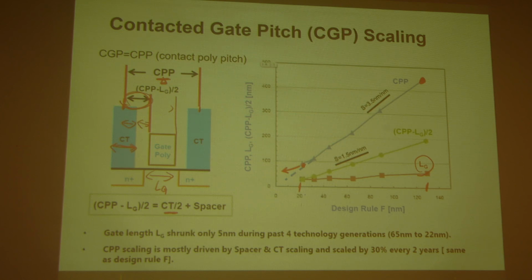That is the insulator between the gate and the drain contact or source contact. You need to fill in here with dielectric to separate the gate from the source or the drain. This is your CGS and CGD. That one is shrinking. That's the spacer. So overall, the density is still improving over the generations, and the SRAM cell area actually strictly follows Moore's law, like 0.5x per generation in terms of SRAM cell area scaling.